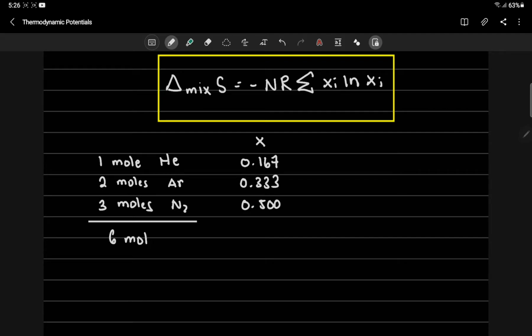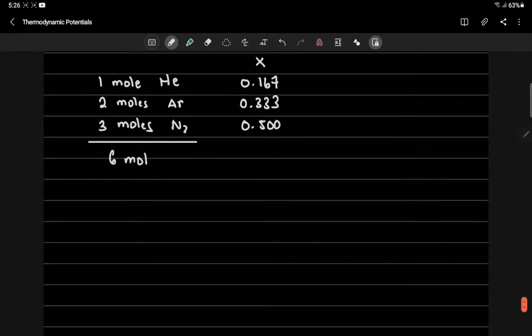Now, let's calculate yung free energy of mixing. So the free energy of mixing is equal to nRT, the summation of xi ln of xi, where xi is the mole fraction of each component.